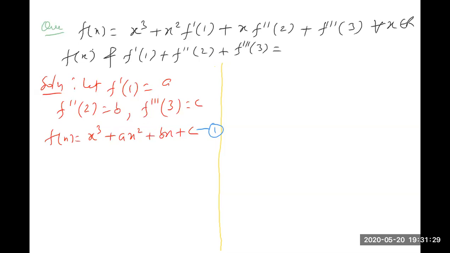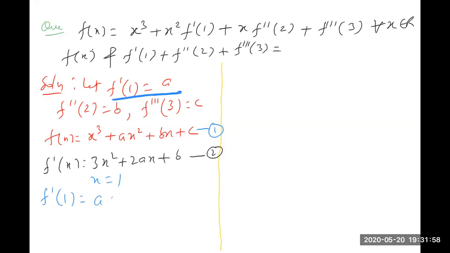That means if I differentiate this now, what I will get? f dash x is equal to 3x square plus 2ax plus b. This is equation number 2. Now in equation number 2, if I put x equal to 1, then f dash 1 is nothing but a.